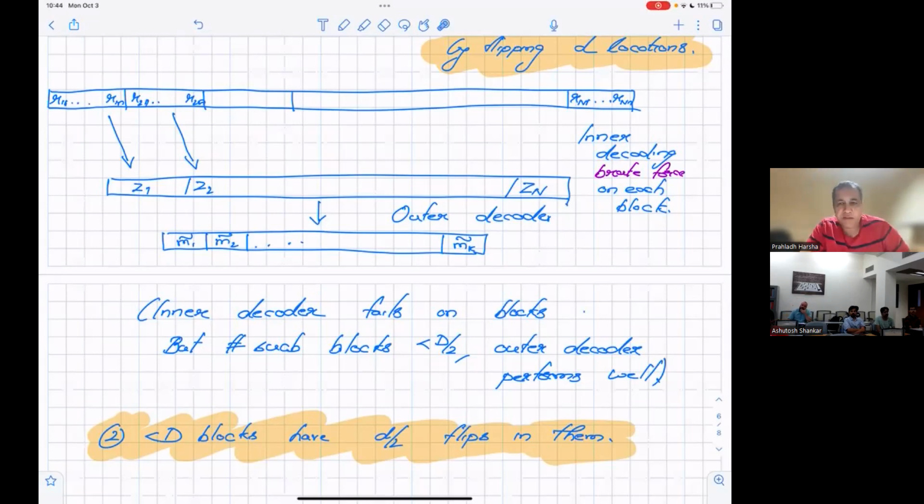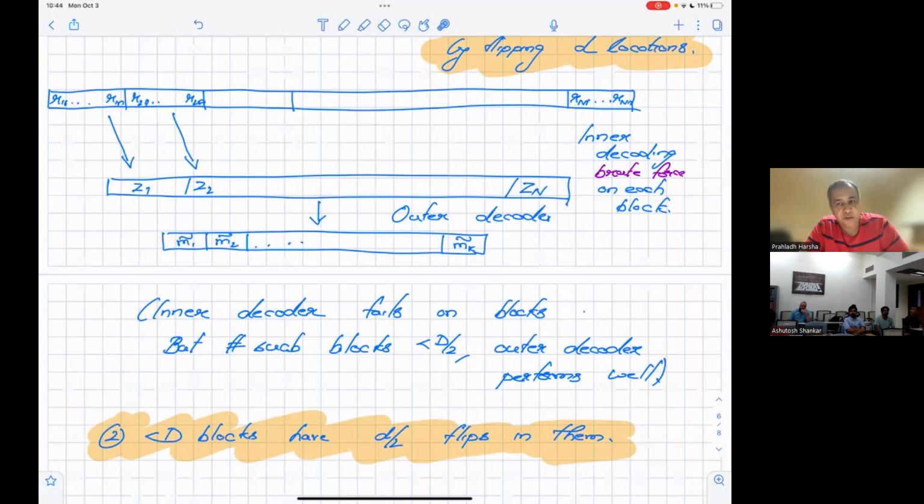But notice these blocks. The inner is unsure in these locations. It doesn't know whether these locations are correct or not. But it realizes this because the number of errors is d by 2. It realizes that the number of corruptions has been at least d by 2.